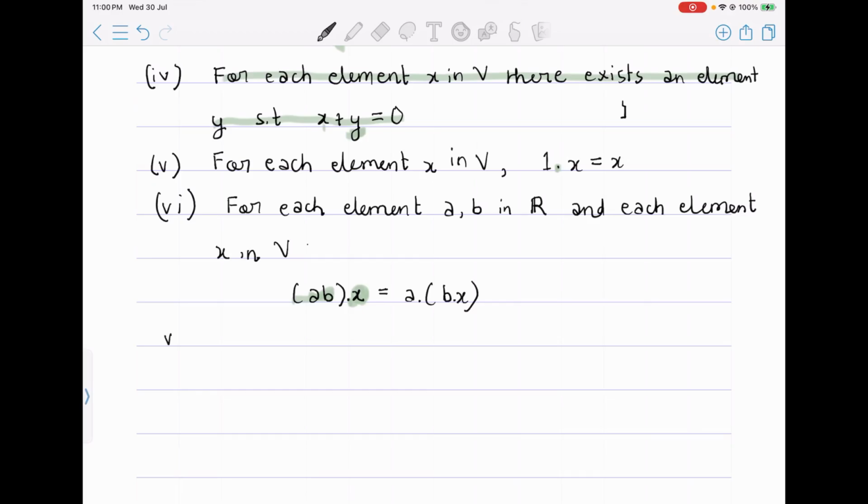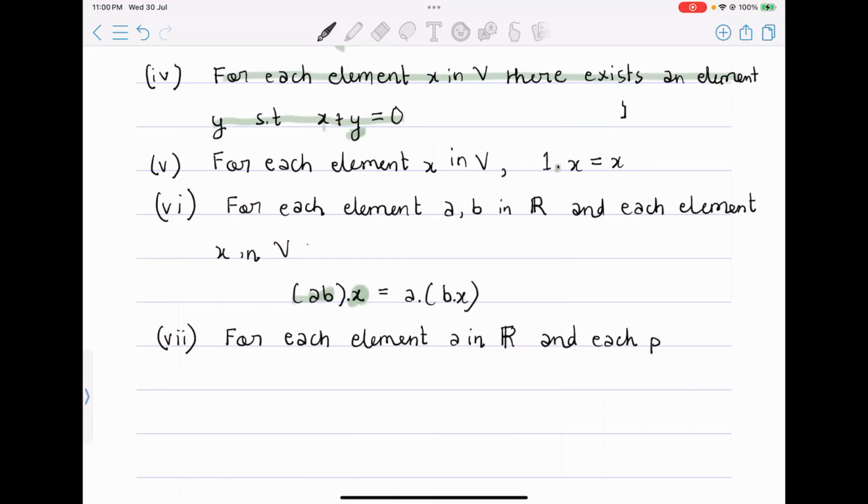And the seventh is for each element a in R, and each pair of elements x, y in V, a dot (x plus y) is equal to a dot x plus a dot y.